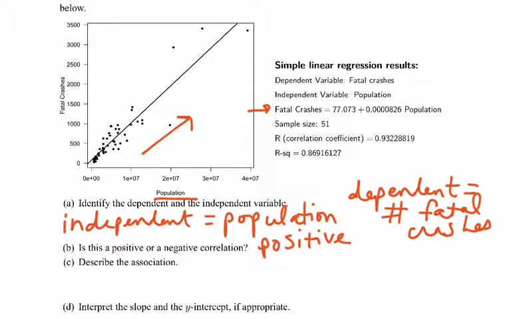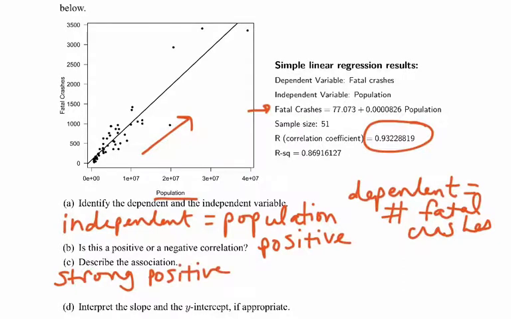Well, the strength of this we can talk about because we have the R value from StatCrunch. Notice it's 0.93. That's a pretty high R value. So we would say that this is a strong, because of that R value, positive linear association. Okay.